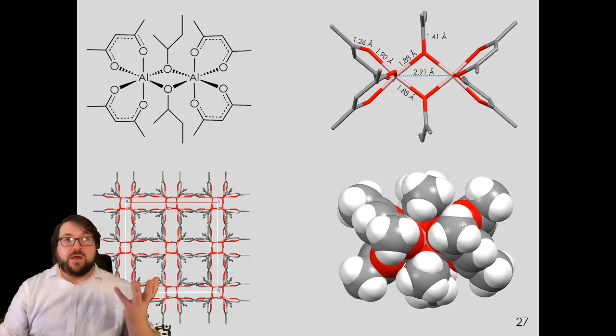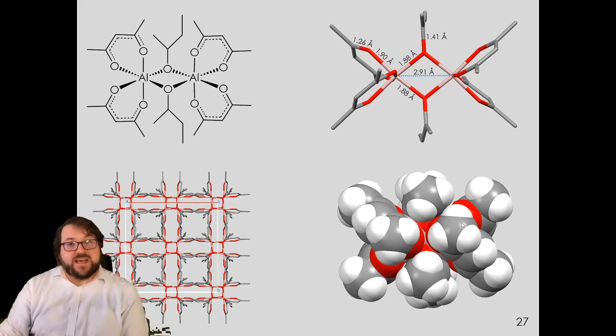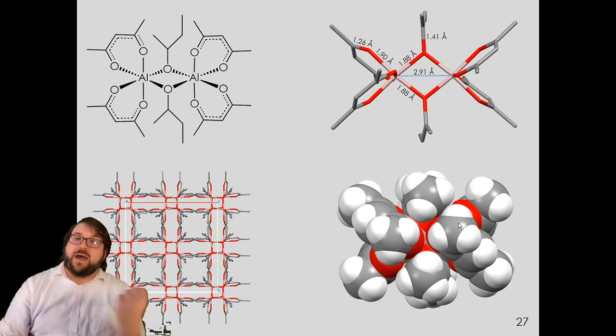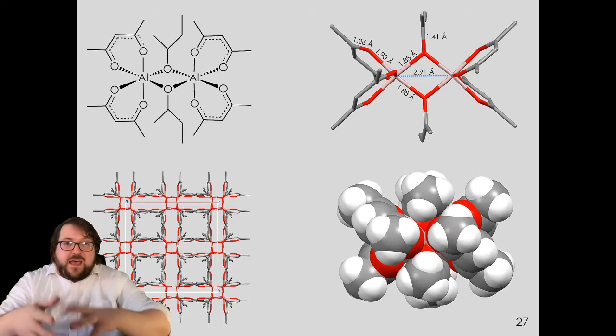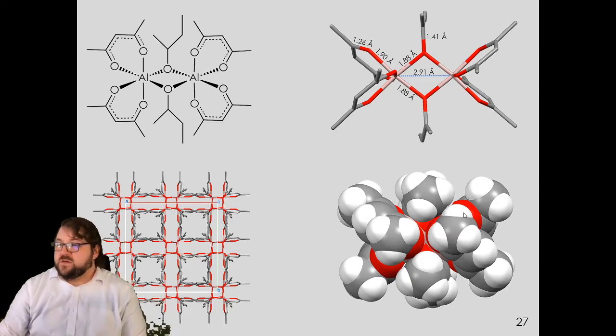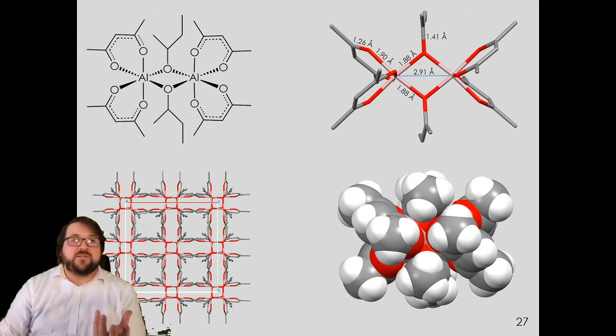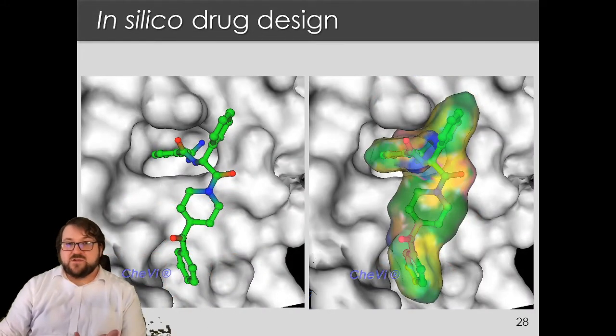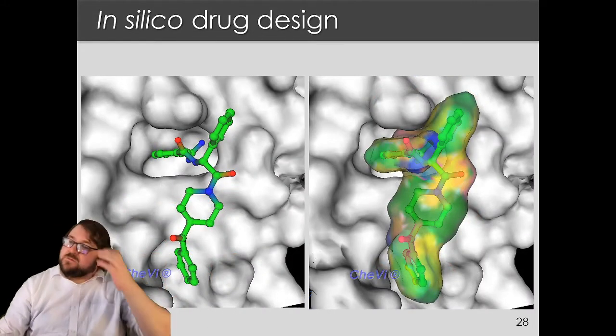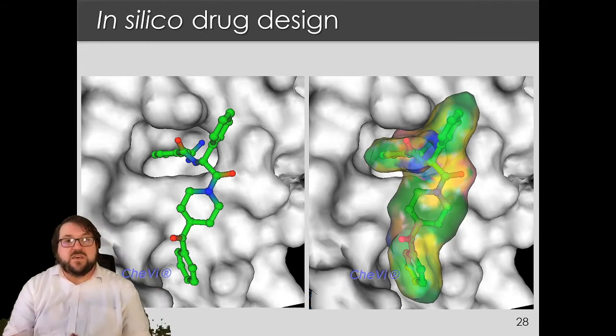And that is mind-blowing. That is something that's really useful to us as scientists, because we've been talking about how we'll use covalent bonding to make specific shapes and pop it into certain compounds. So, for instance, if you wanted to make a brand new drug, you might use in silico drug design. So what I mean by that is we find the crystal structure of a protein that you want to target.